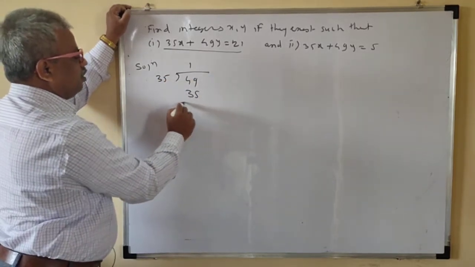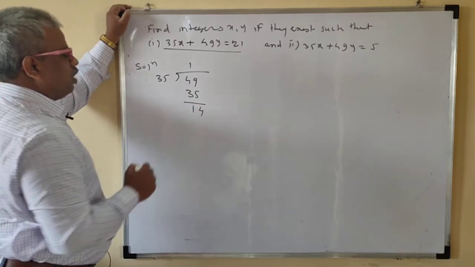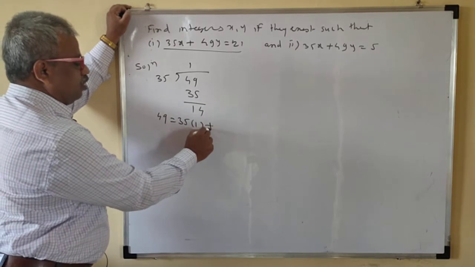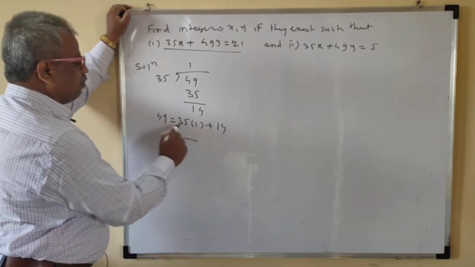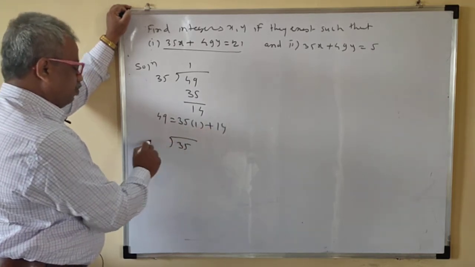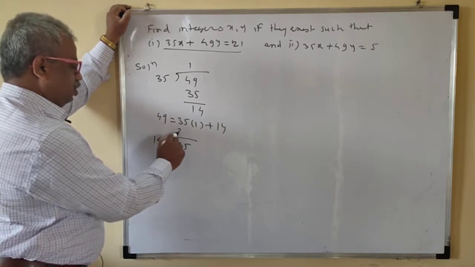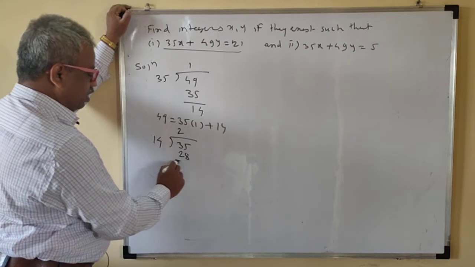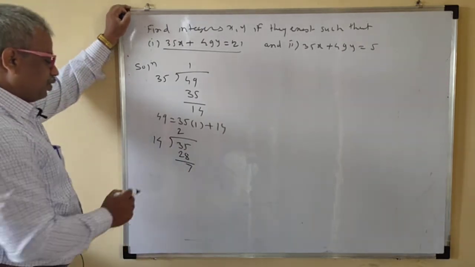So this is 35. So this is 14. This is 1. So we can write 49 as 35 into 1 plus 14. Now next we will apply the division algorithm for 35 and 14. So this is 28, then this is 7.